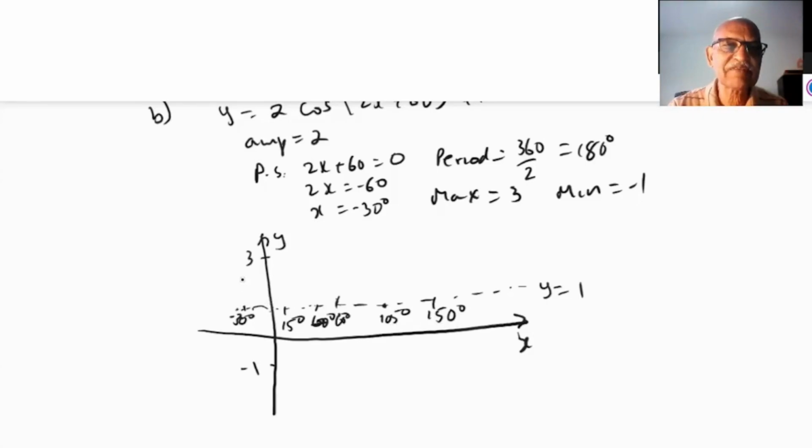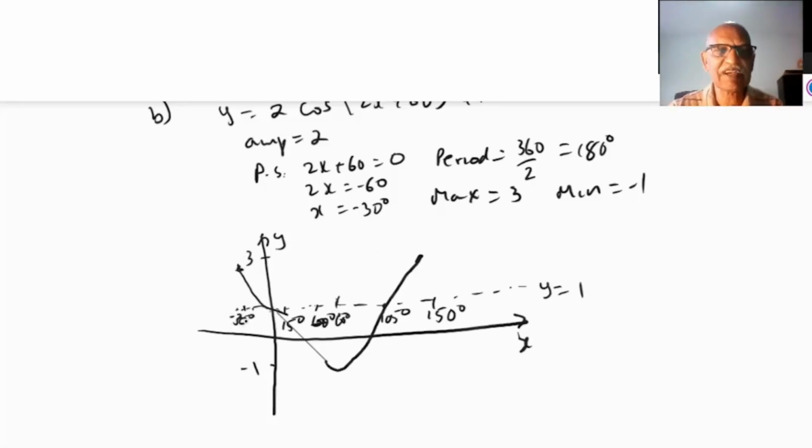Remember, the cosine graph starts from the maximum. So it starts here, passes through the next point, then goes to the minimum at 60, passes through 105, and ends at the last point, the maximum.